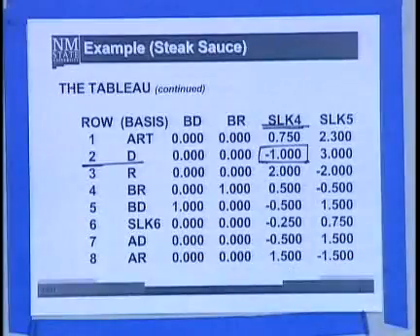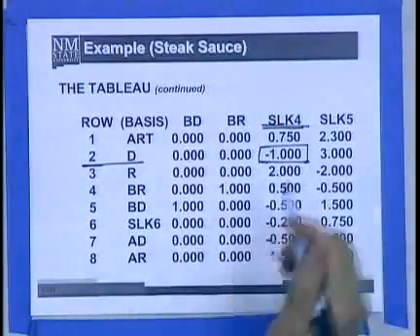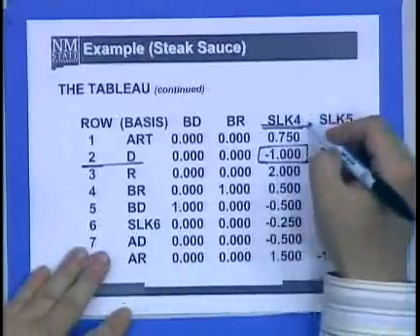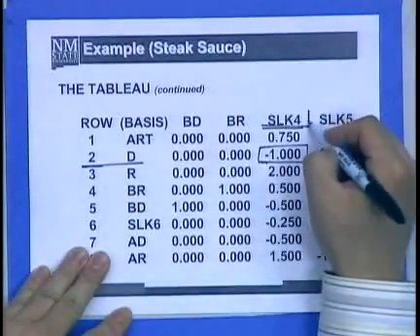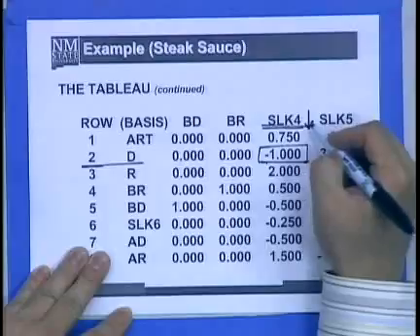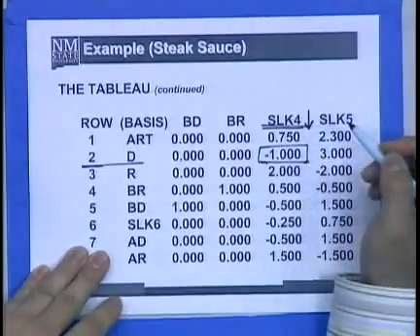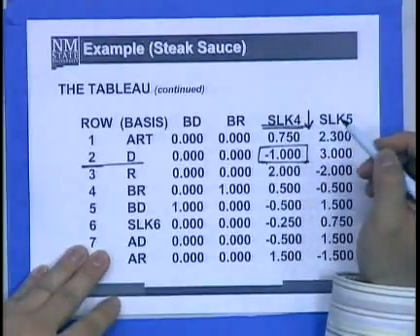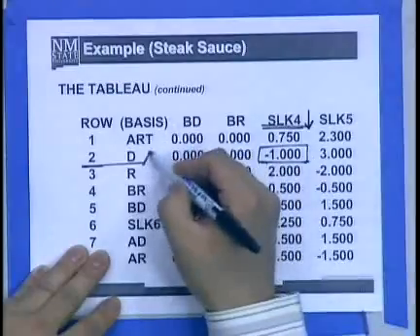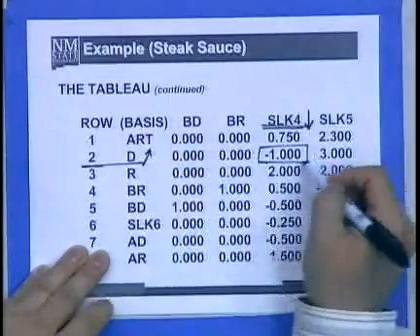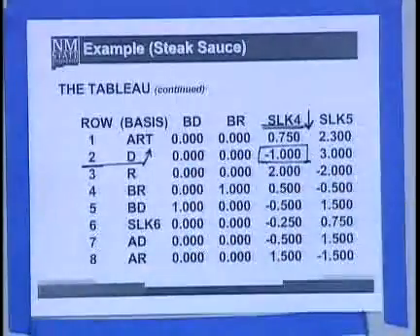What does it mean? If slack 4 is decreased by 1 unit, the variable d is increased by negative 1, right?